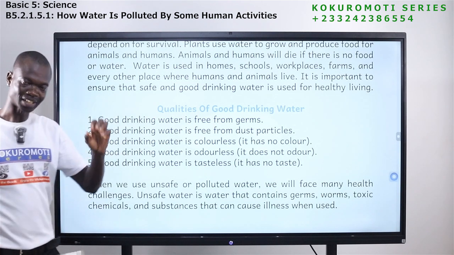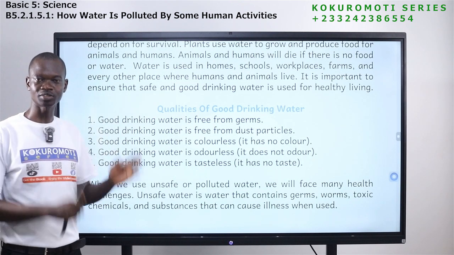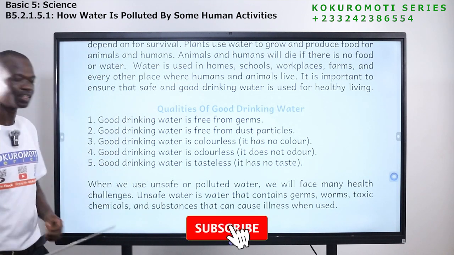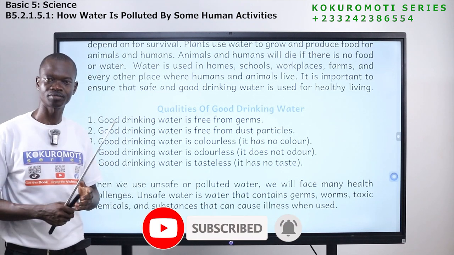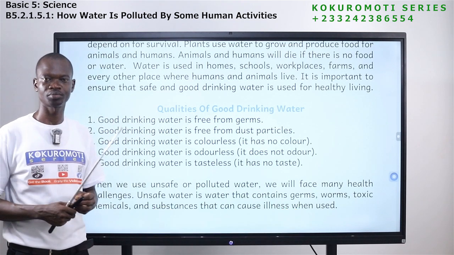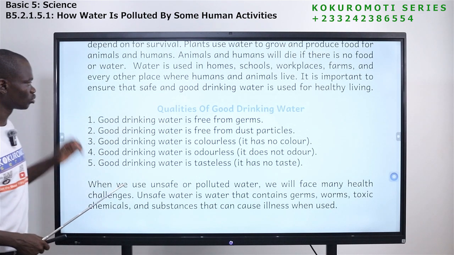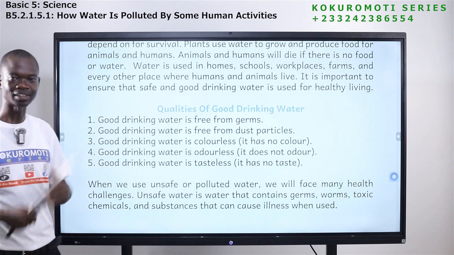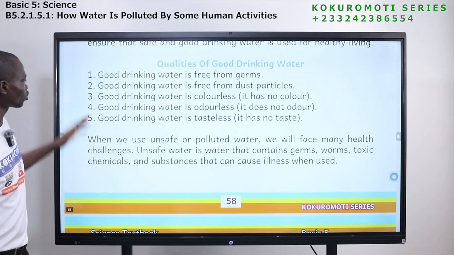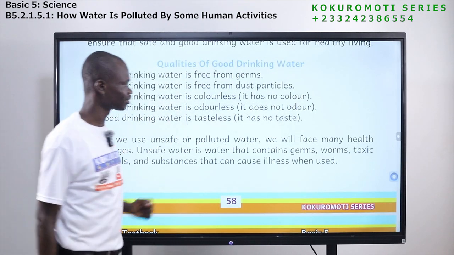So if you are drinking water and you see dust particles in it, it tells you that the water you are drinking is not a good one. It's not safe. It's not pure. Okay, so good drinking water is free from dust particles and it's also free from what? Germs.